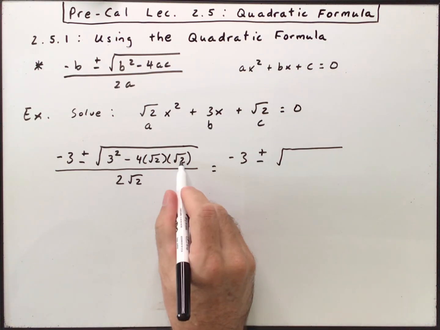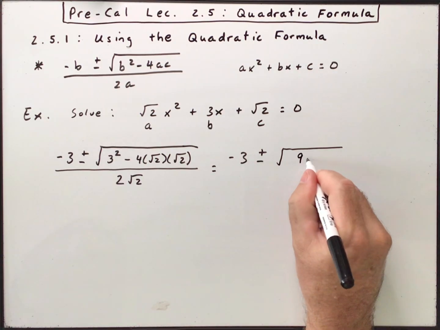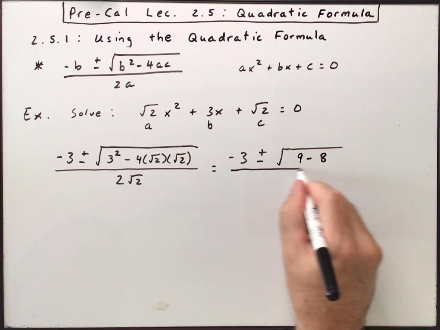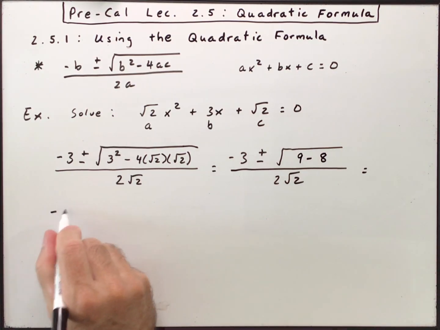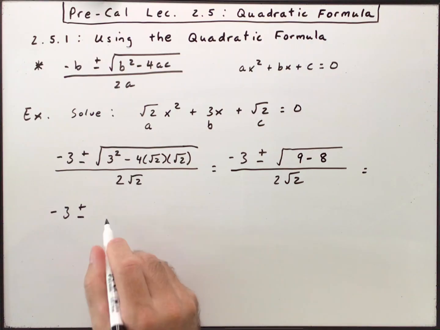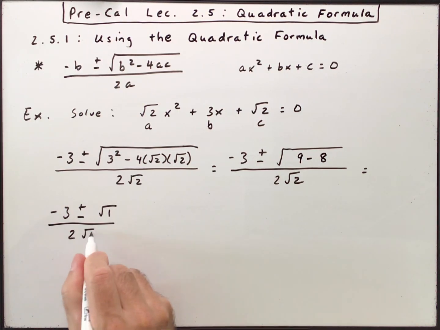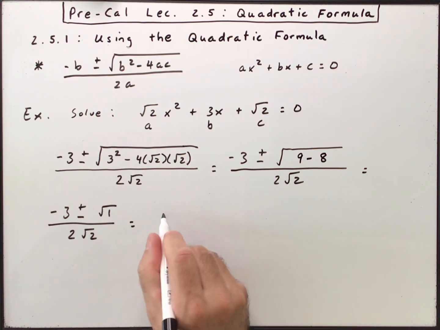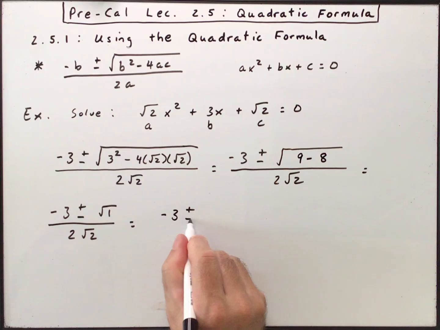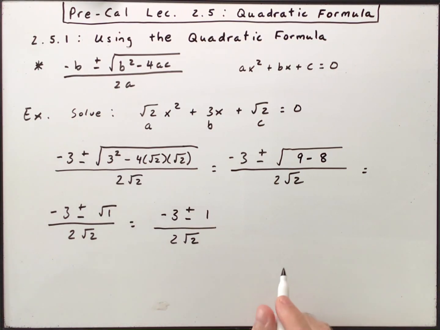Now root 2 times root 2 is 2. 2 times 4 is 8. So that'd be 9 minus 8 over 2 times the square root of 2. So that's negative 3 plus or minus the square root of 1 over 2 times the square root of 2. I'm doing this for illustrative purposes. You know the square root of 1 is 1. So that's negative 3 plus or minus 1 over 2 times the square root of 2.